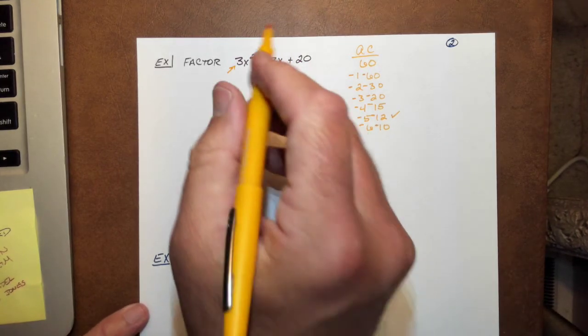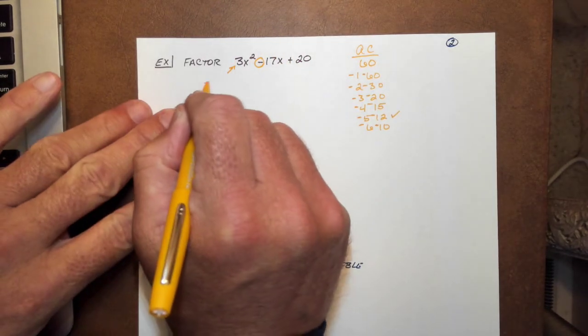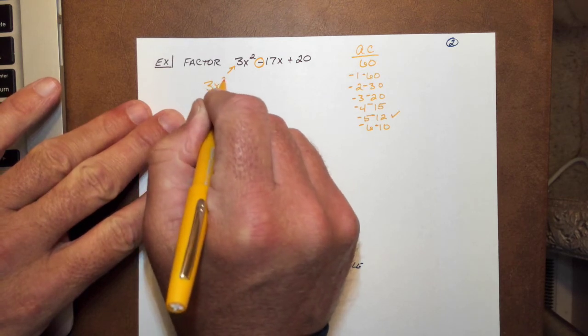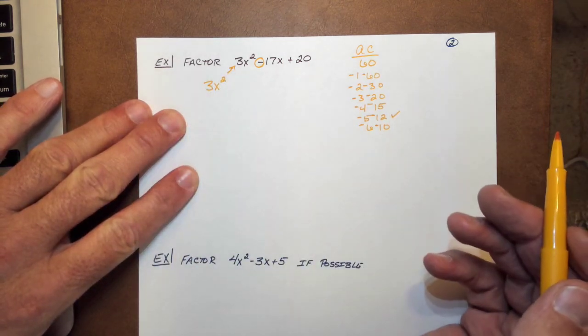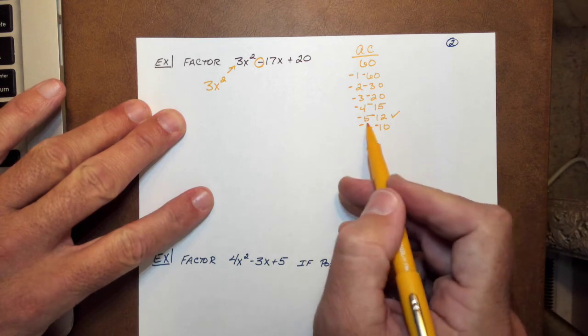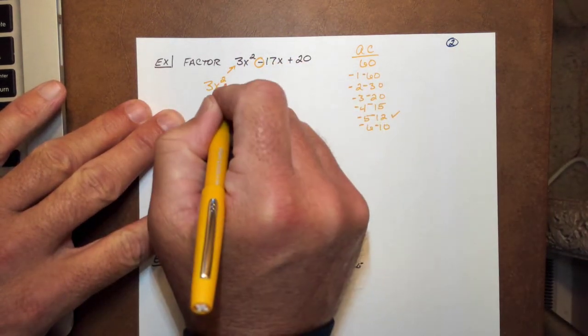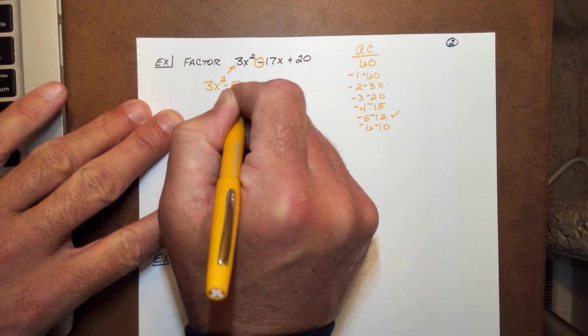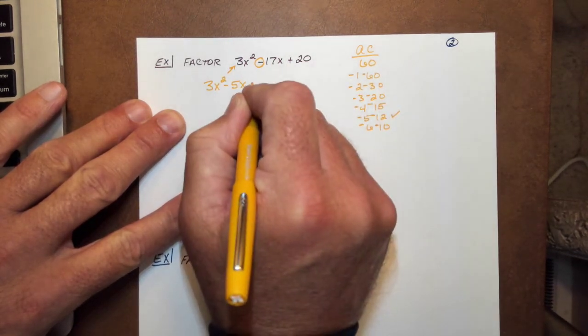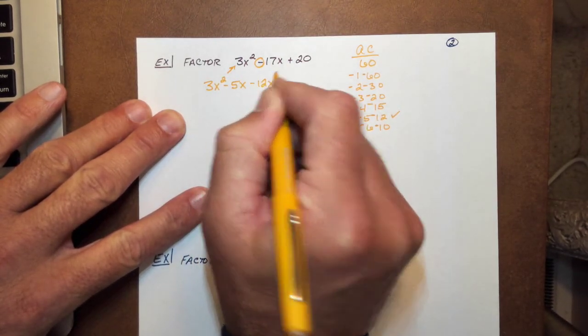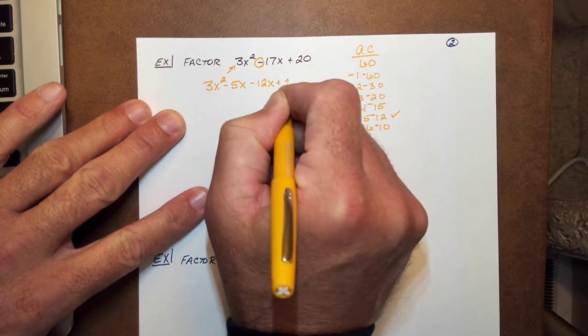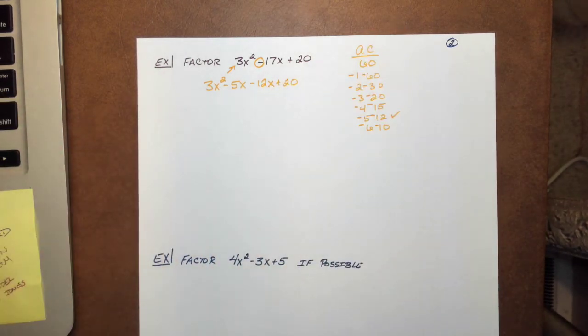So let's rewrite. I'll have my 3x squared. Now, what am I going to do next? I've got a couple choices. Let's just take them in the order that they're in this time. So I'll go minus 5x, minus 12x, plus 20.